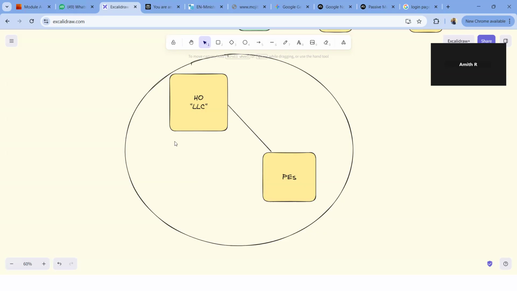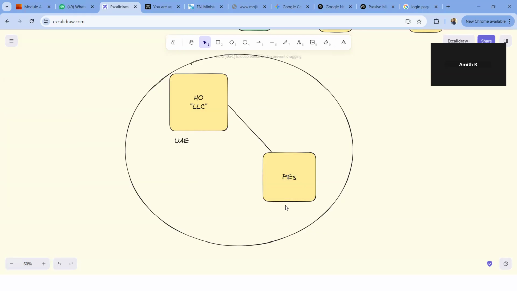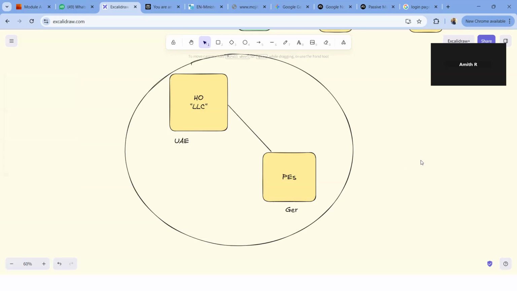For avoidance of doubt, let's assume that this is in UAE and the PE is in, let's say, Germany. Okay. Now, since this is just an extension of the HO in another country, should I see it in one way, or should I see it separately?